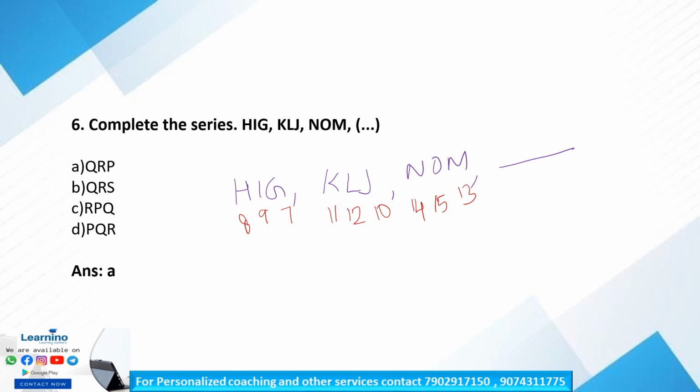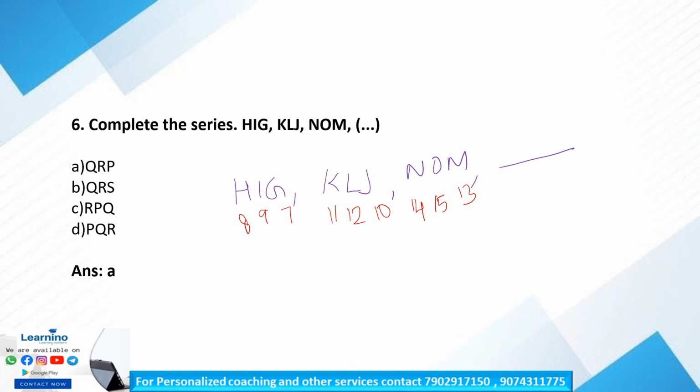So these are the corresponding numbers of each alphabet. H is 8, I 9, G 7, K 11, L 12, J 10, N 14, O 15 and M 13. As a next step, we have to find the relationship between each group of letters here.